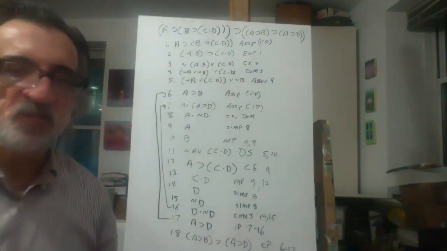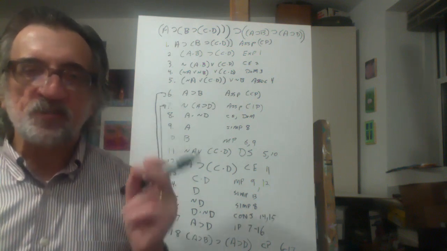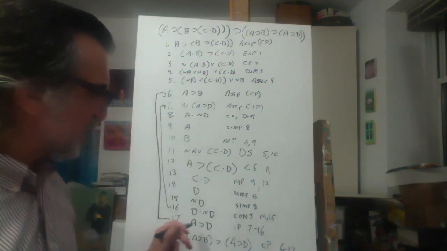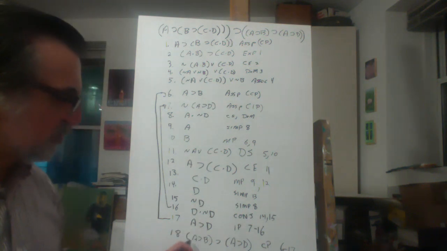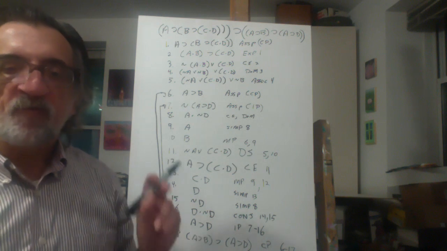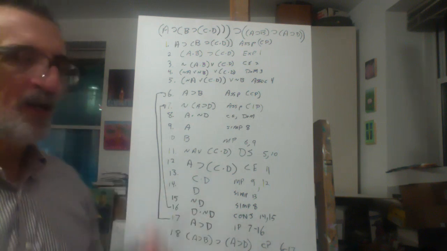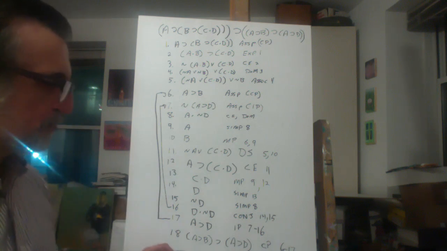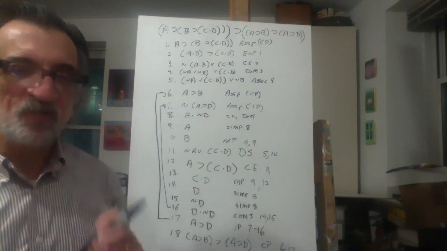So lines 6 through 17, which started with the antecedent, got us to this consequent, if A then D, demonstrate by conditional proof that parentheses A horseshoe B, close parentheses, horseshoe, parentheses A horseshoe D. That's the result of a conditional proof.